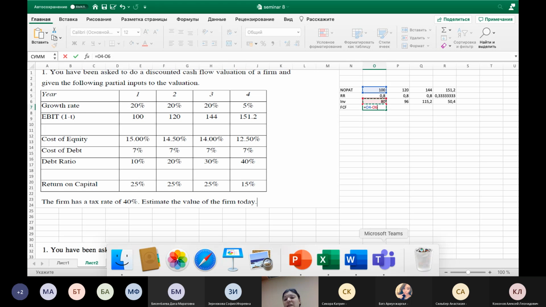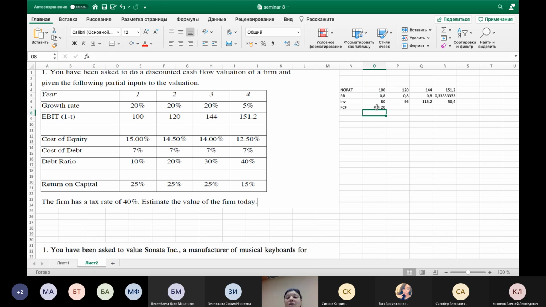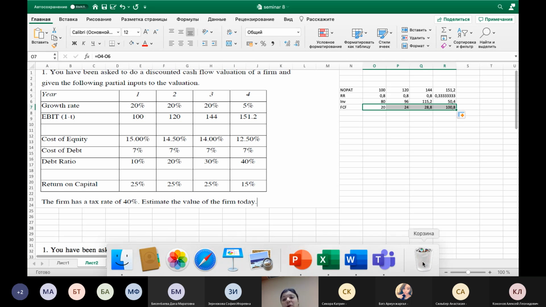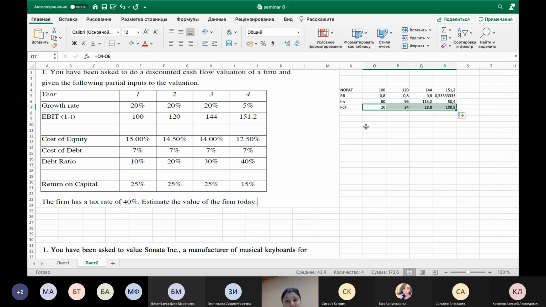It is 20 in the first scenario, 24 in the second scenario, 28.8 in the third scenario, and 100.8 in the fourth scenario.